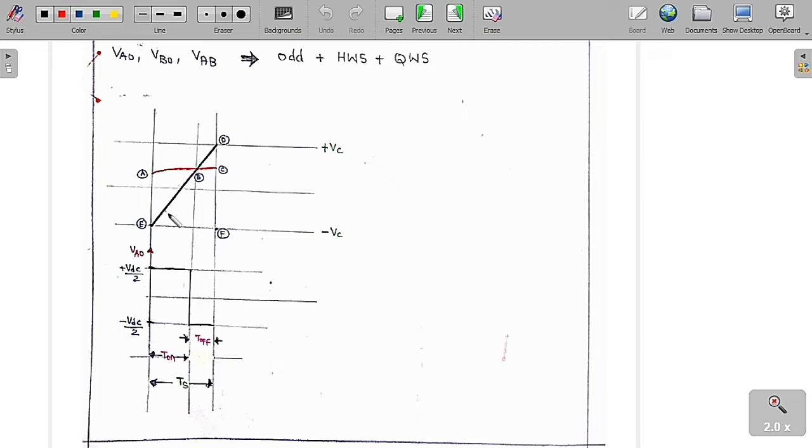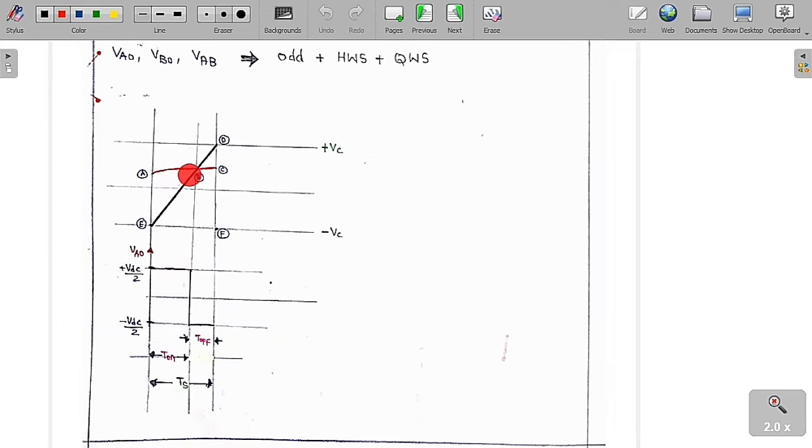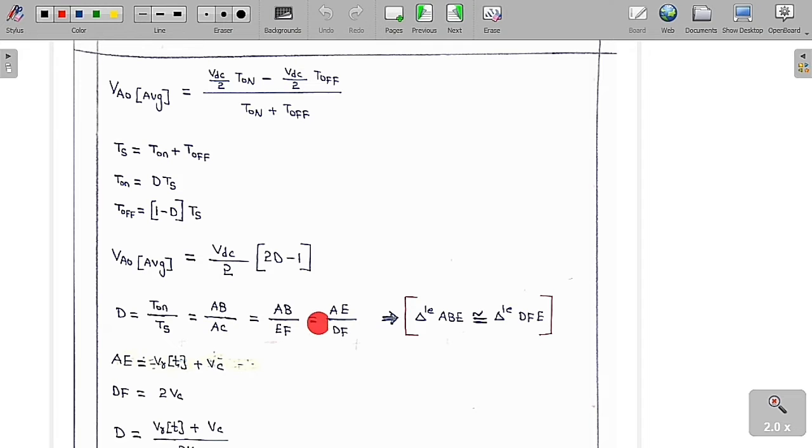So AB by AC is nearly equal to AB by EF, because the AC width is nearly equal to EF. AB by EF is again equal to AE by DF, because the two triangles are similar.